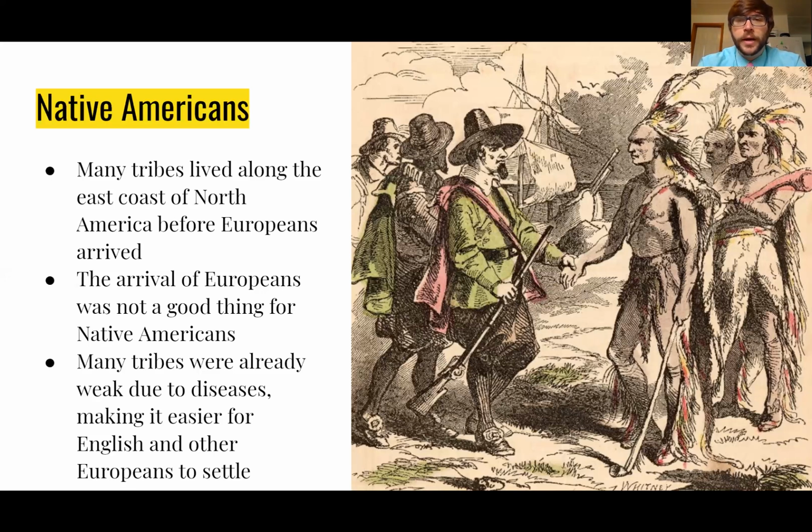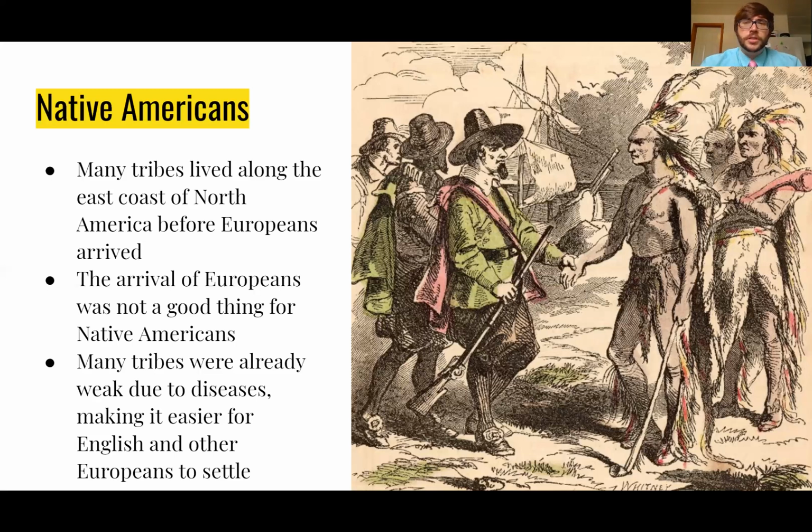They were brought over by Europeans. Eventually, Native Americans would get horses, but it wasn't an animal that originally lived in North America. So all of these technological advances combined with disease made it very, very easy for the Europeans to establish themselves and to take over land that originally belonged to the Native Americans.